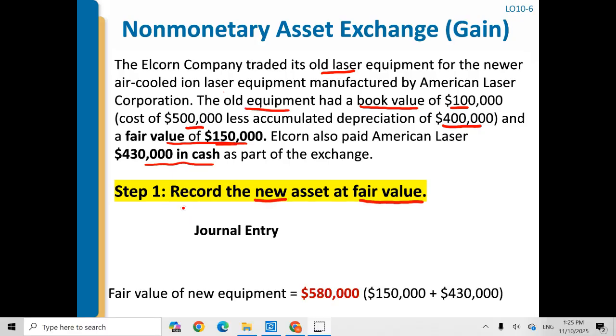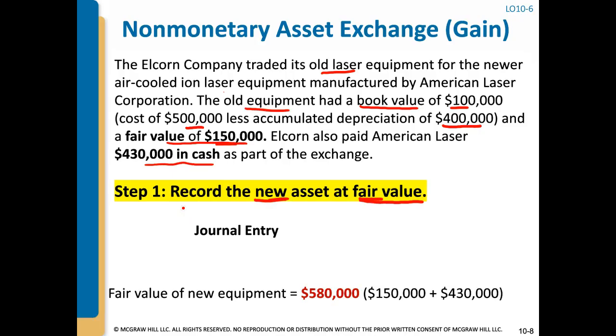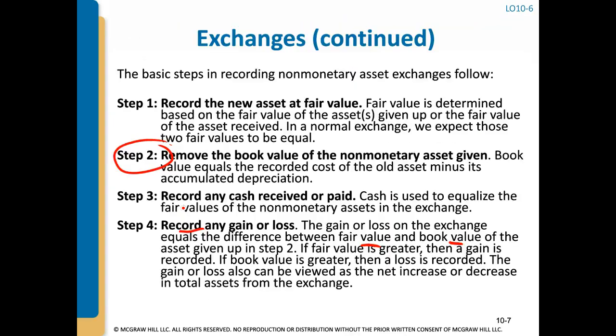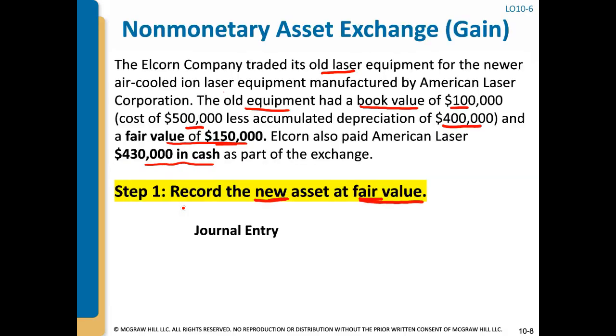The first step says record the new asset at fair value. And we learned in step 1 right here that when we record the new asset at fair value, that fair value is determined based on the fair value of the asset given up or the fair value of the asset received. Well, we're not told the fair value of the asset received. In the problem, we are told the fair value of the asset that's given up, which is $150,000.